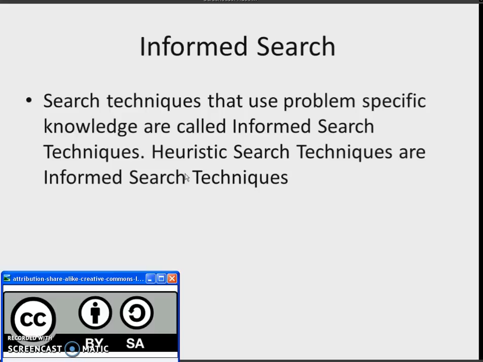This is why heuristic search techniques or informed search techniques are more preferred over uninformed search techniques.